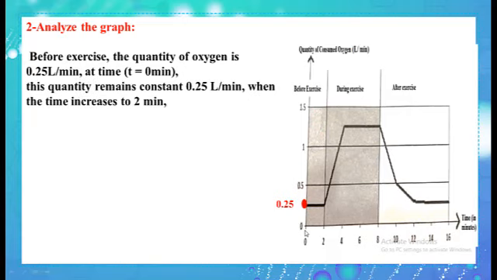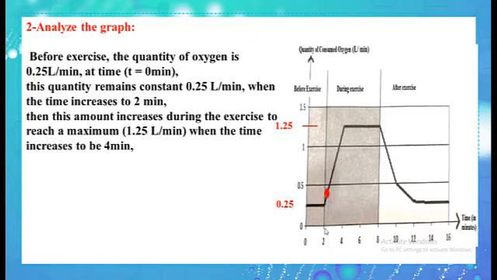Then what happens? This quantity, as you can see, remains constant at 0.25 liter per minute when the time increases to 2 minutes. Then what happens to the quantity of consumed oxygen?